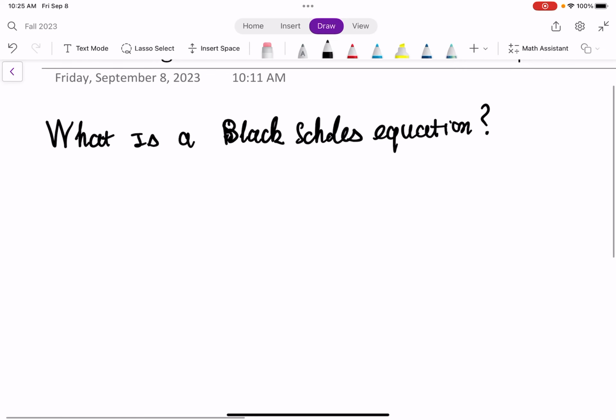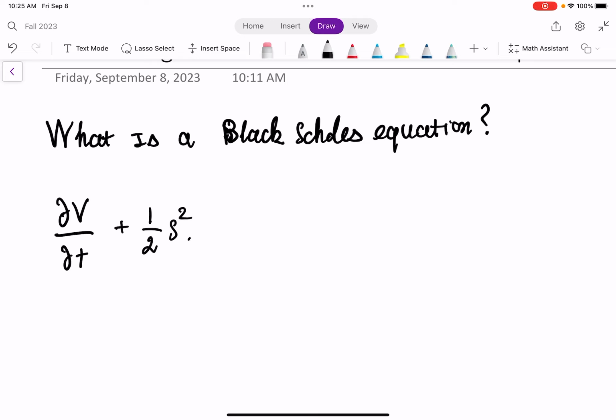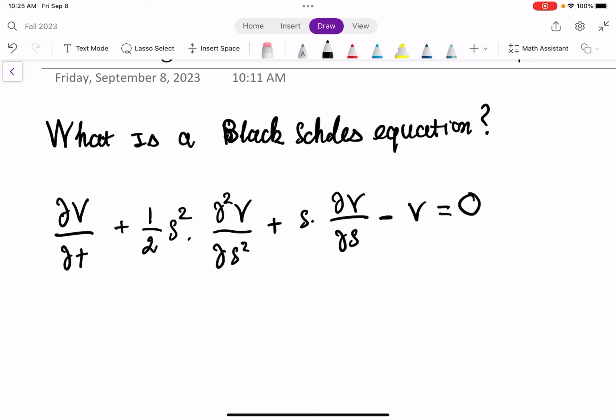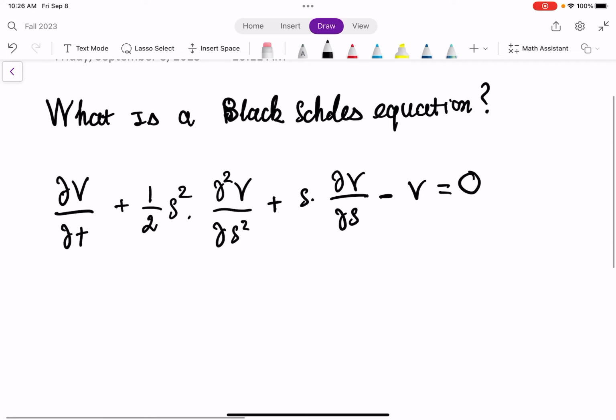It says the partial of v with respect to time, t, plus 1/2 s squared times the second partial derivative of v with respect to s, plus s times the first partial derivative of v with respect to s, minus v equals 0.